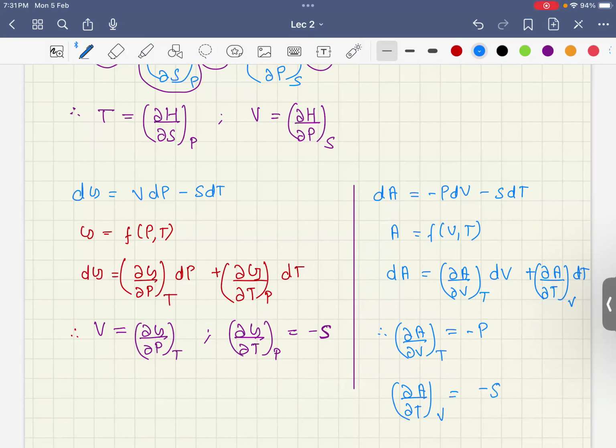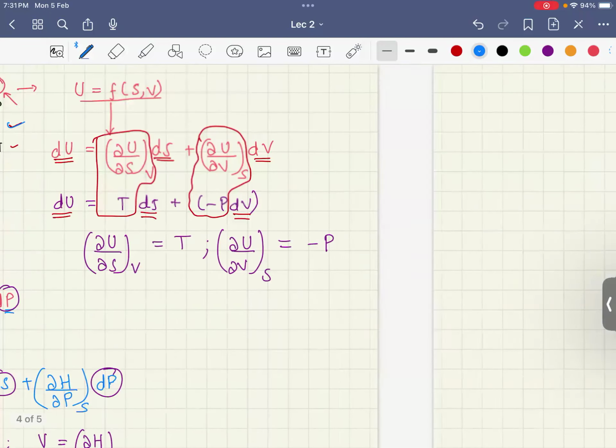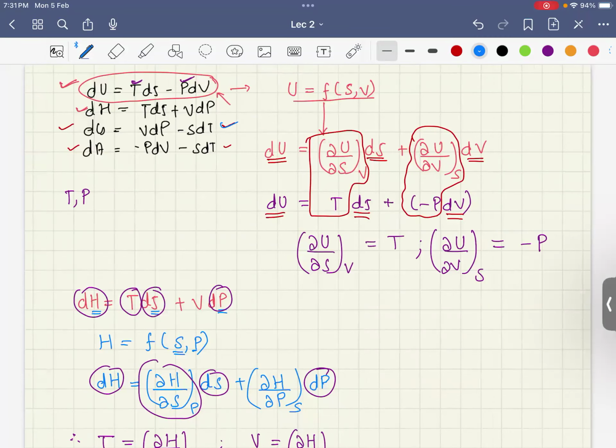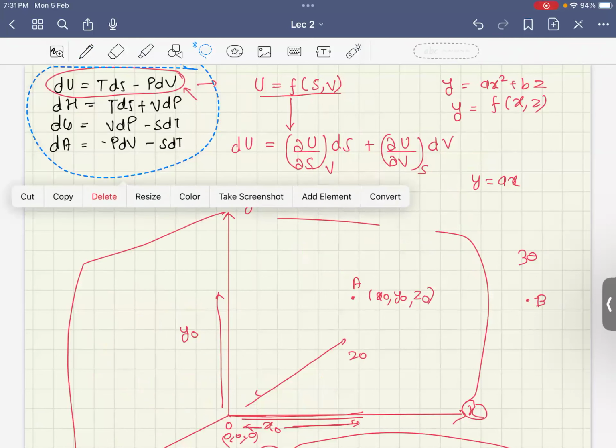Now let us write this down again into our consolidated list, because we are going to need all these formulas again and again.